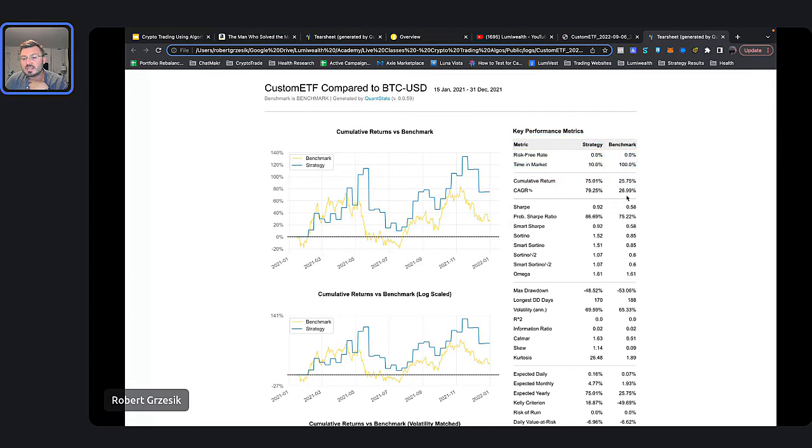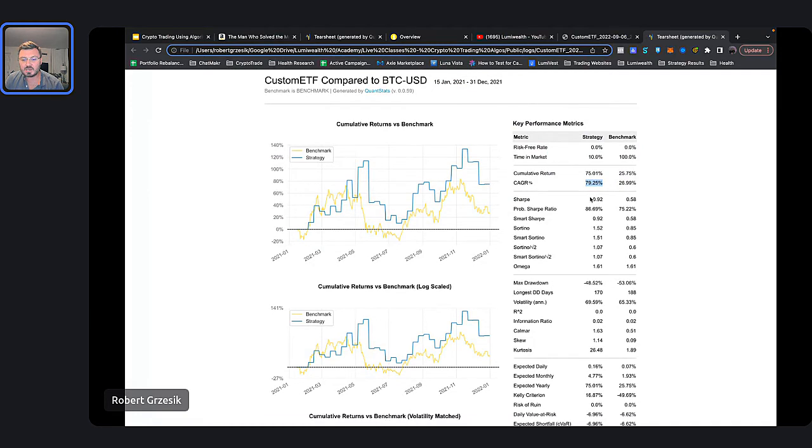On an annualized basis, that means Bitcoin was doing about 27% a year. We did about 80% a year, right? So we got almost triple the returns of Bitcoin. So doing quite a bit better than Bitcoin, right? We also got a much better Sharpe ratio, 0.92 versus 0.58, which is, for those of you who don't know, a measure of risk to return, right?